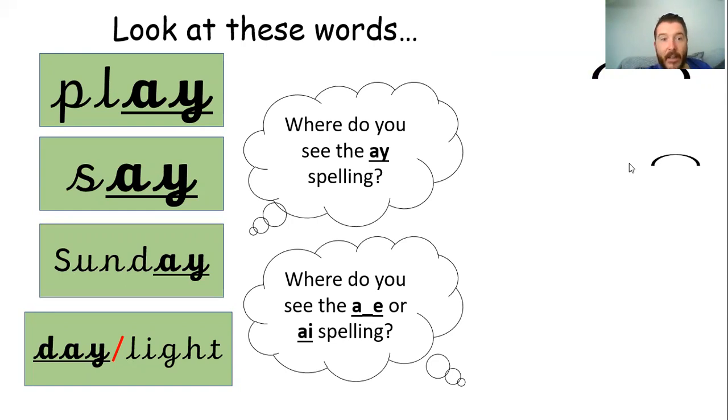That's at the end, isn't it? Play, say, Sunday, daylight. Now, in daylight, it might not sound like it's at the end of the word because it isn't, but it is at the end of the syllable day. So the A-Y always comes at the end of a word, or a syllable. It will never come in the middle.